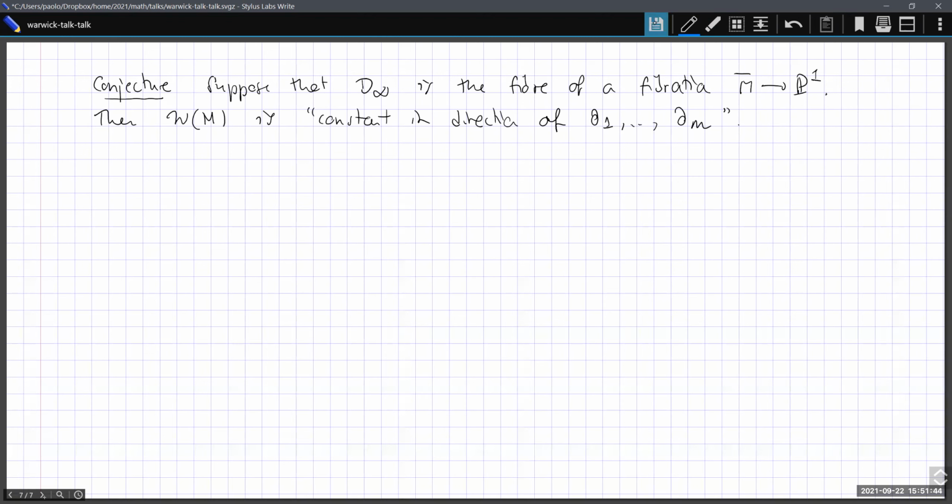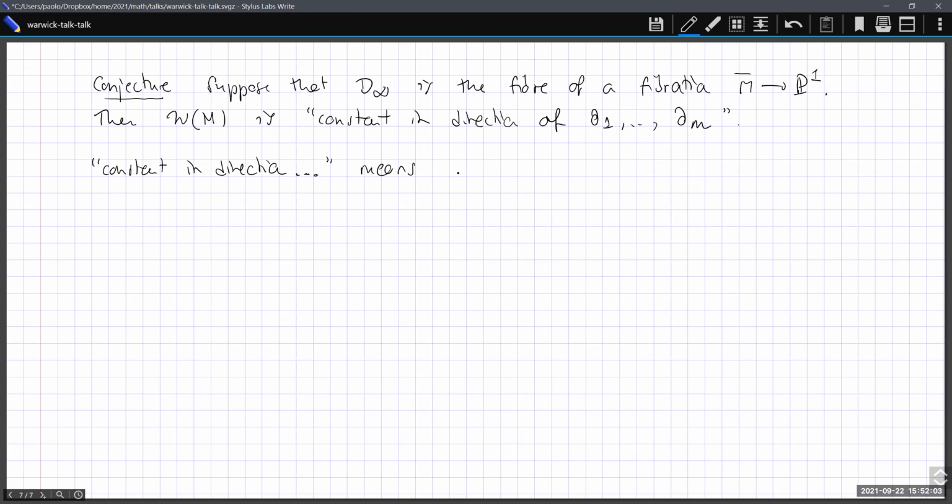Okay. Here I've extended coefficients to lambda bar. So what does it mean to be constant? So more precisely, constant in direction. So it doesn't change, right? But you have to interpret it slightly more correctly.